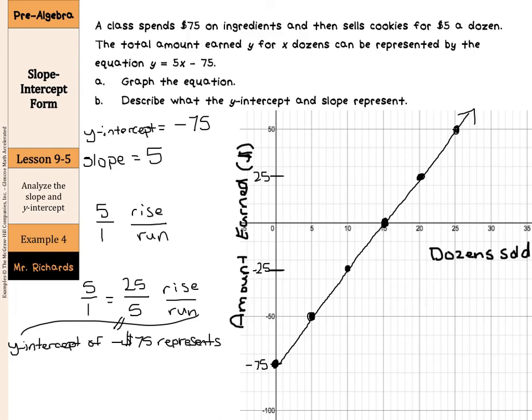So they started off $75 in debt. They started off $75 short before selling anything. So this $75, a negative $75, represents the cost of the ingredients.